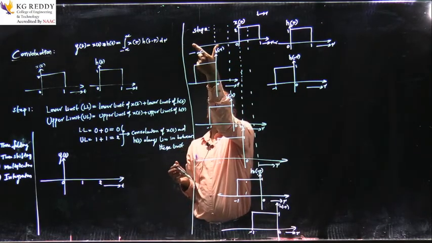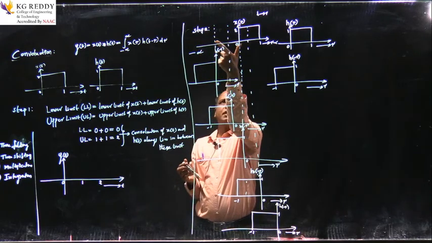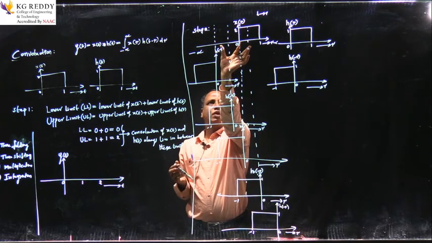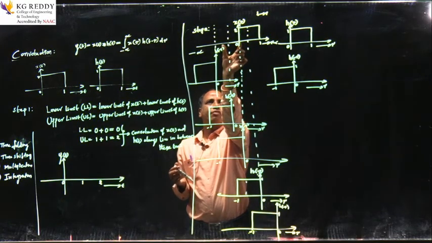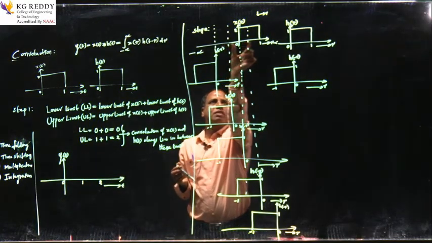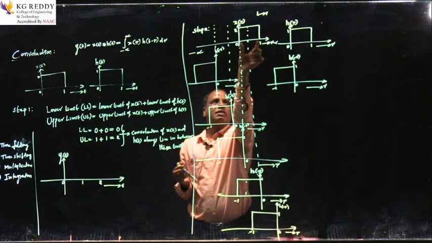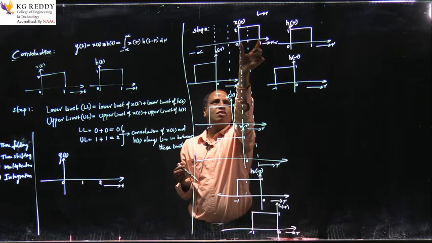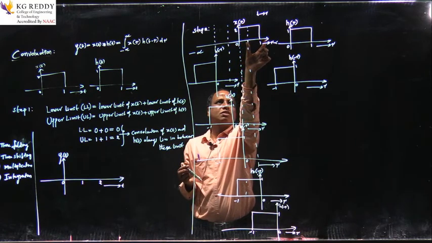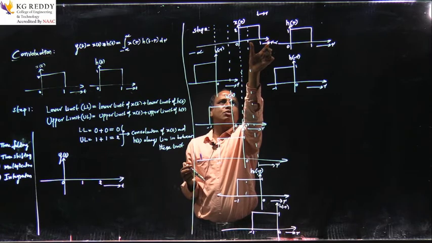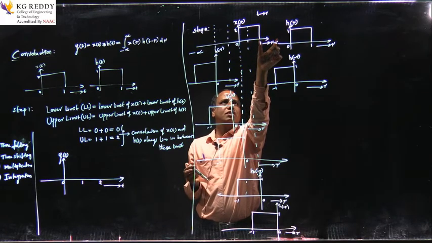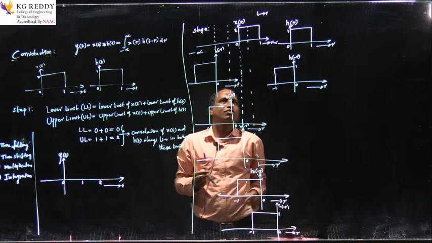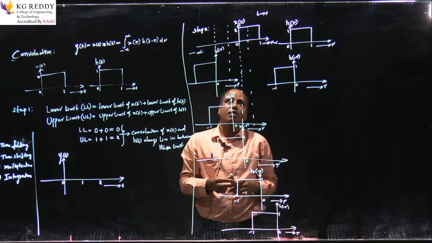The pulse width of this signal is 1 and this pulse width is 1, and as you keep moving the signal to the right, the overlapping area keeps increasing, and here is the 100% overlapping between x of t and h of tau. If I still move the signal towards the right side, the common area between these two signals decreases, and at this particular situation the common area becomes 0.